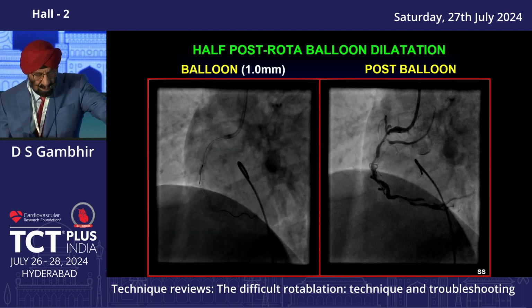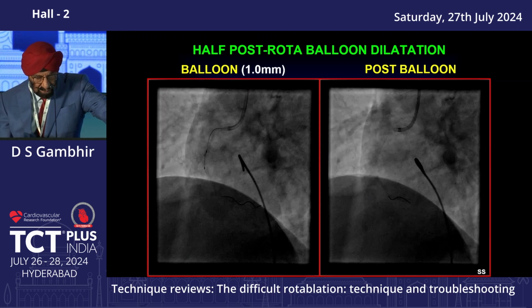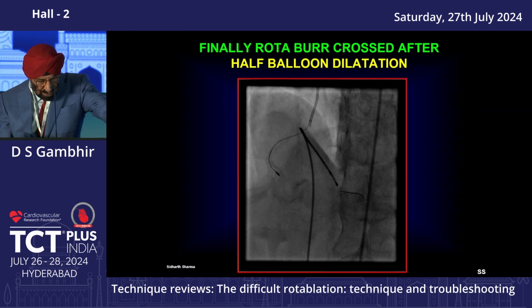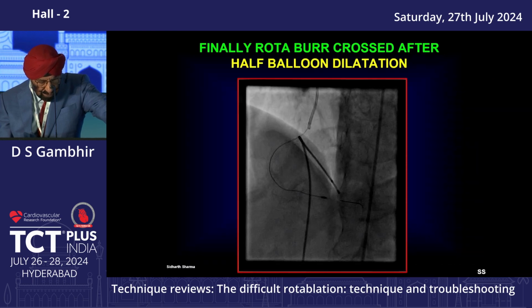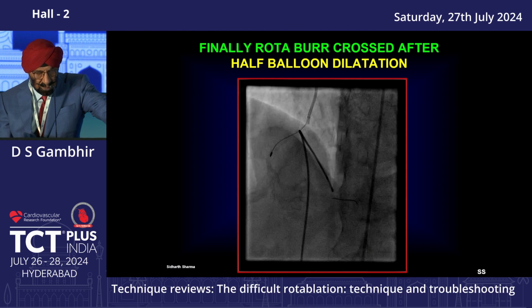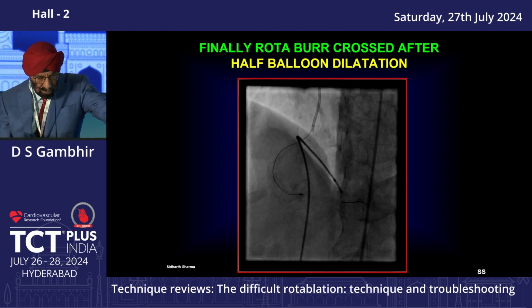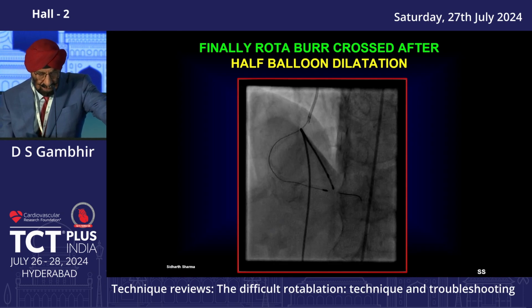So we took a 1 millimeter balloon and dilated a little bit, whatever we could do. And then we changed the entire assembly, put in a rota wire, and now the 1.25 millimeter burr went through the lesion, and we ablated this vessel through and through. So this is called half rota ablation.